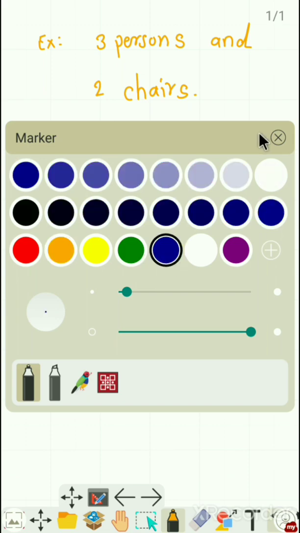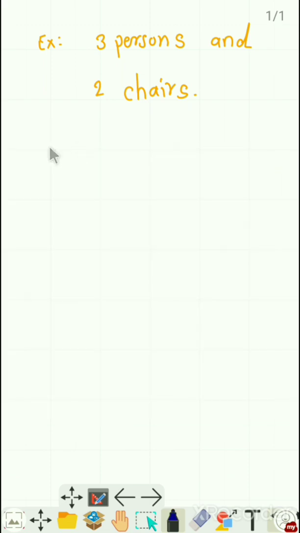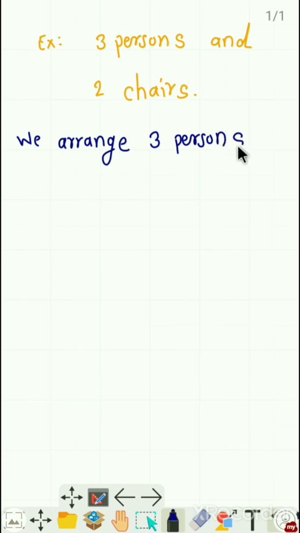How do we arrange these 3 persons on these 2 chairs?